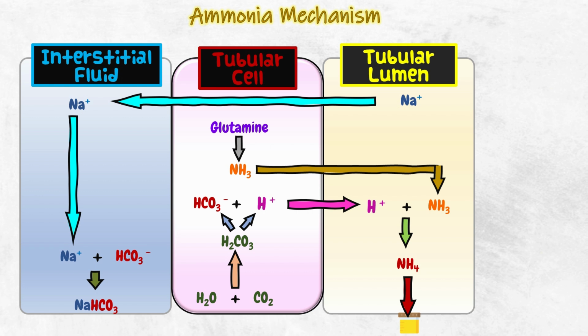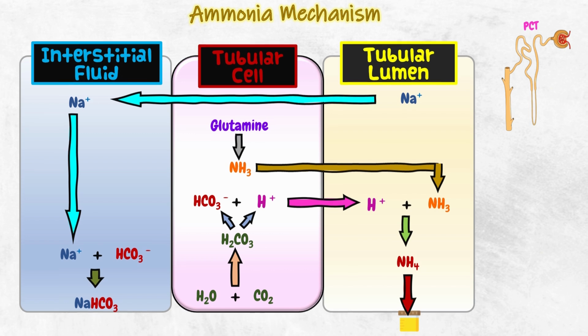This process takes place mostly in the proximal convoluted tubule, because glutamine is converted into ammonia in the cells of this segment. Thus, by excreting hydrogen ion and conserving bicarbonate, kidneys produce acidic urine and help to maintain the acid-base balance of body fluids. Now, moving towards phosphate mechanism.